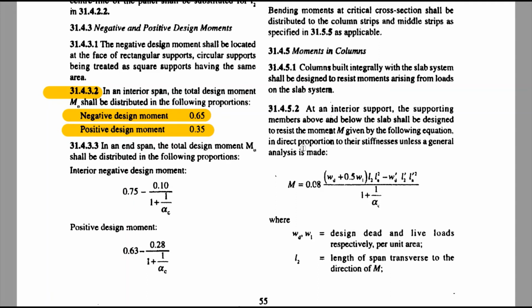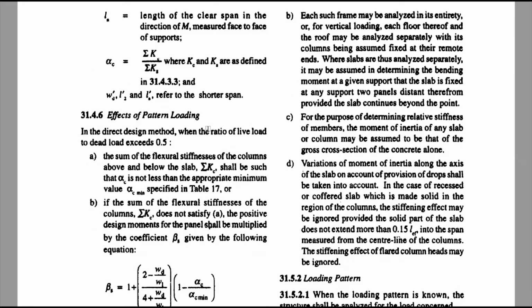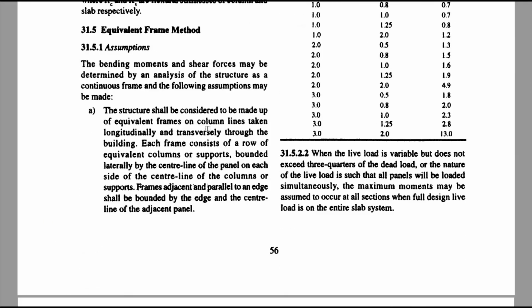That means when we calculate the moment on a flat slab, the negative design moment is 0.65 and the positive design moment is 0.35 on the interior span, right? But this is for the whole slab. What we have to do is find the moment on the column strip as well as on the middle strip.